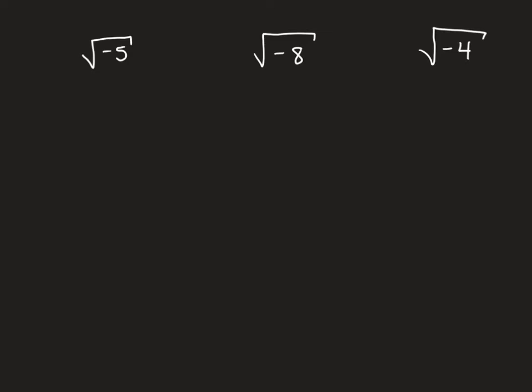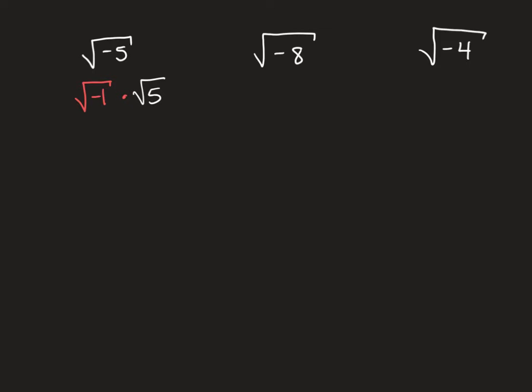When we're dealing with the imaginary unit, we're looking at it with square roots. Some of the ones we're going to do are right here, like the square root of -5. We've been taught we can't do that, but an imaginary unit makes it possible. We can say this is the square root of -1 times the square root of 5.